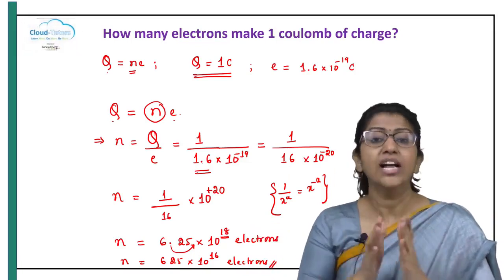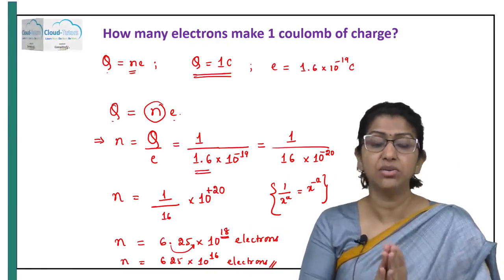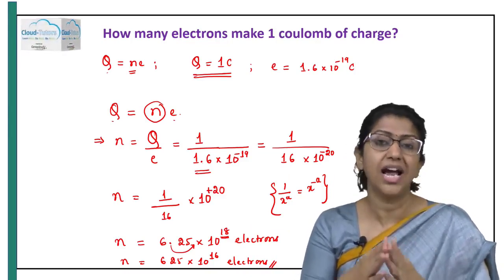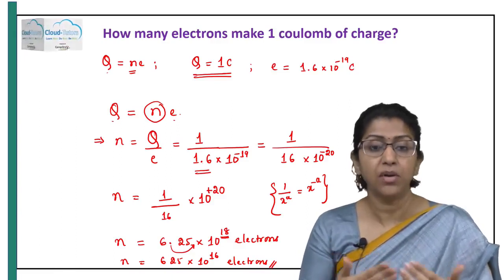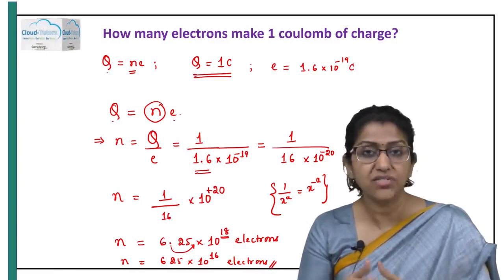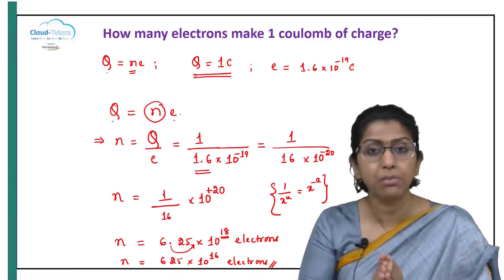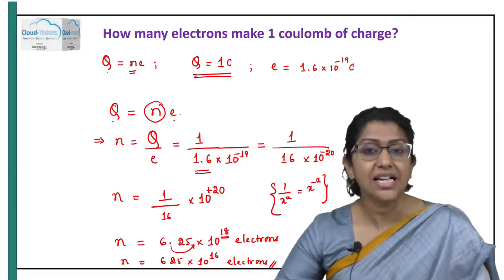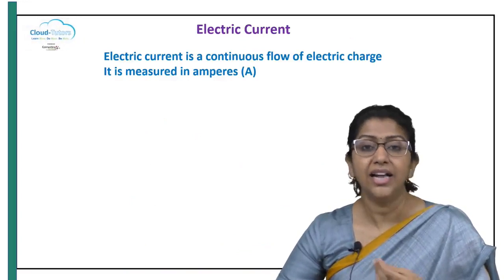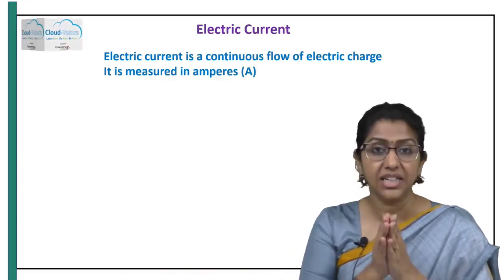I hope you have understood what we mean by electric charge, where we get these charges from, what positive and negative charges are, and the fundamental properties of these charges. With this basic understanding, let's move ahead and understand what is electric current.